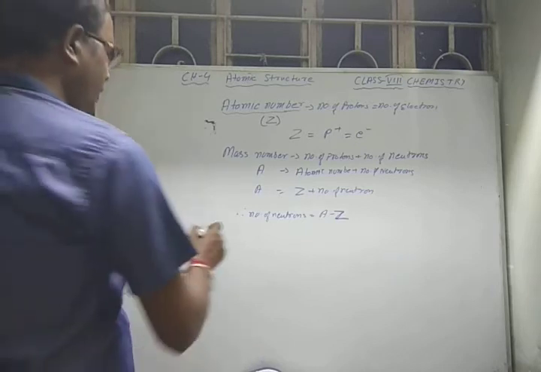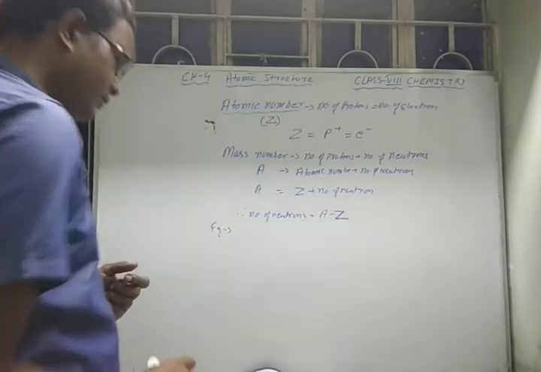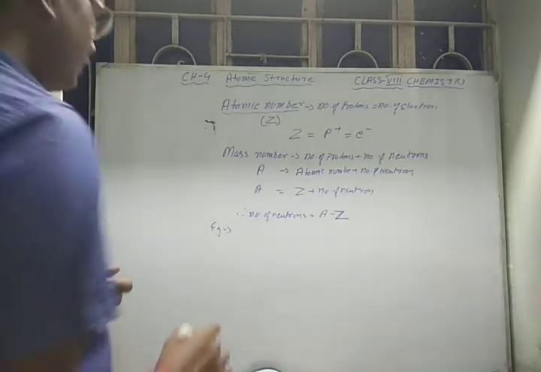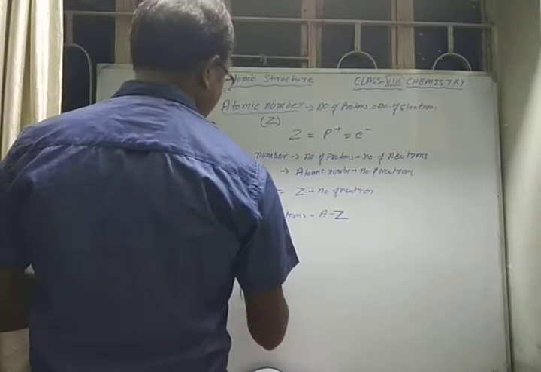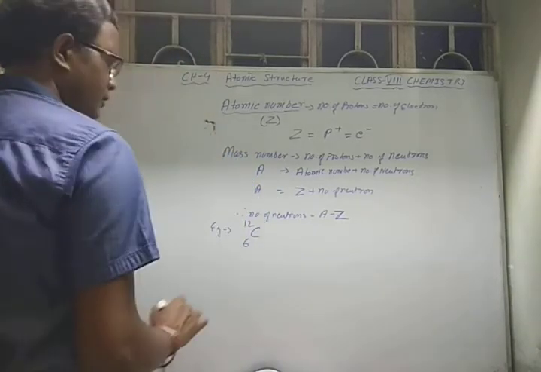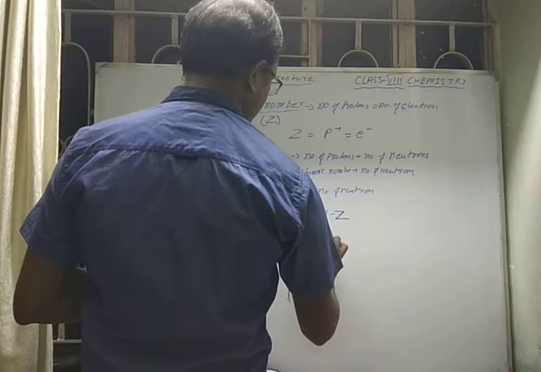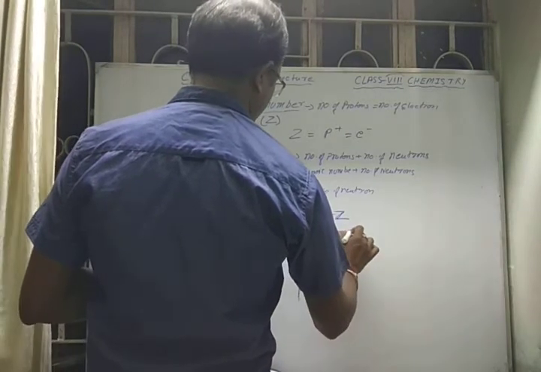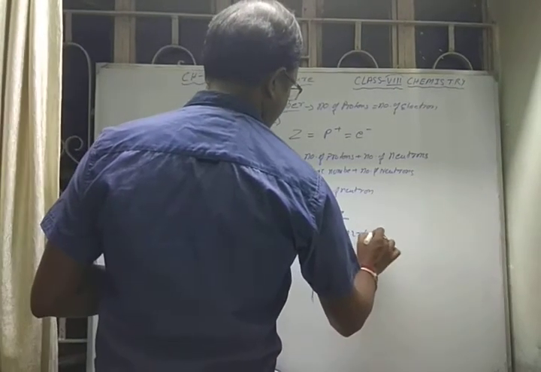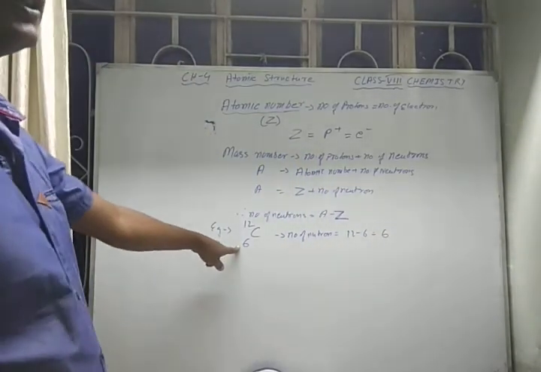That is, mass number minus atomic number gives the number of neutrons. For example, suppose the atomic number of carbon is 6, whereas its mass number is 12. So the number of neutrons is 12 minus 6, which equals 6.